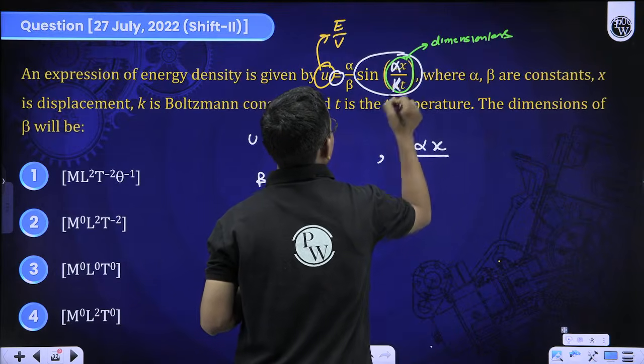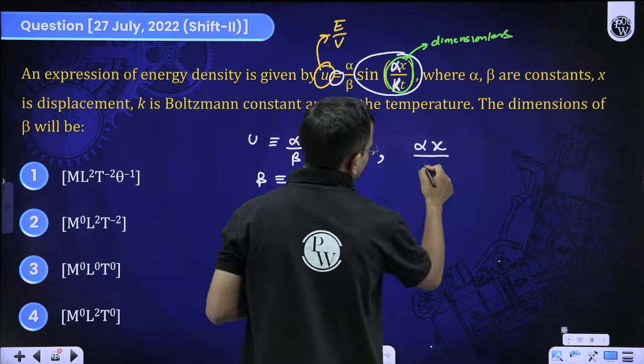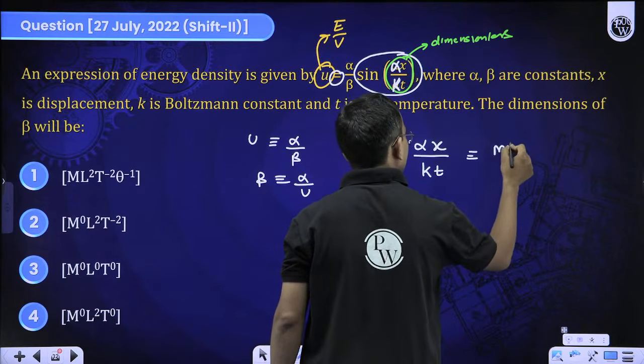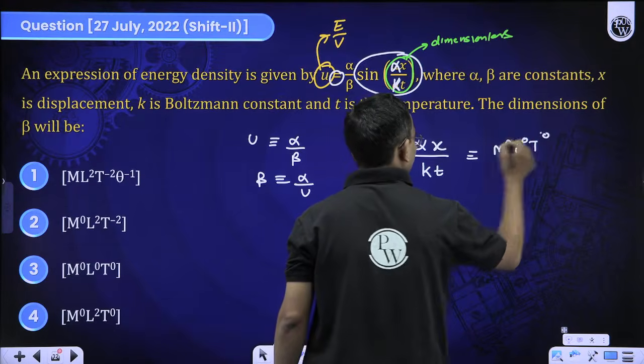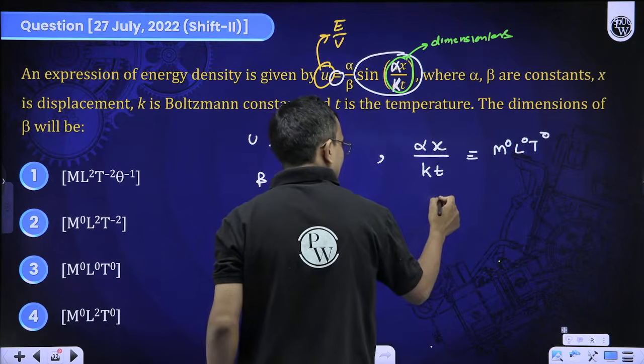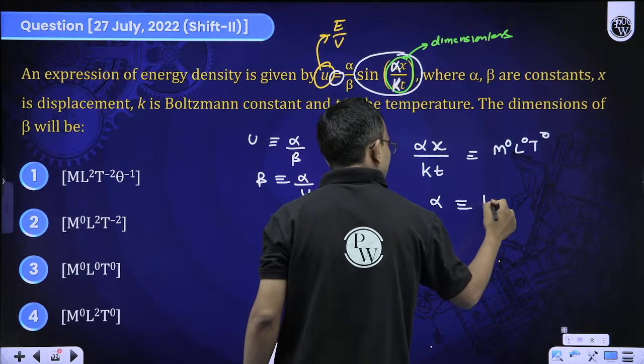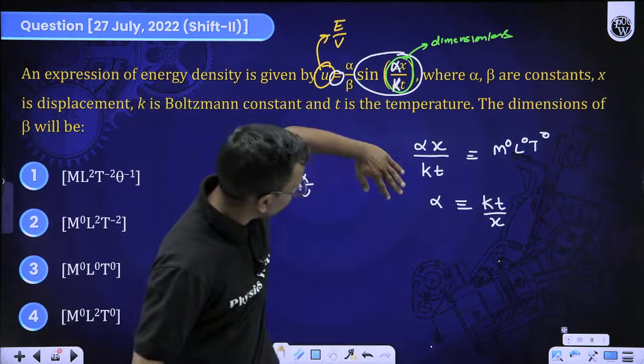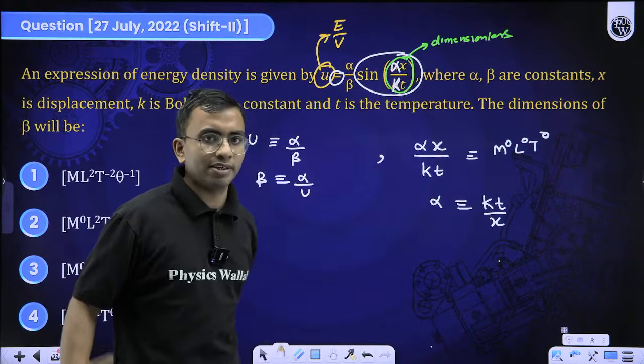There is some mistake here. K into T. Here the dimensions are M^0 L^0 T^0. So I can say the dimensions of alpha are the same as kT divided by x.